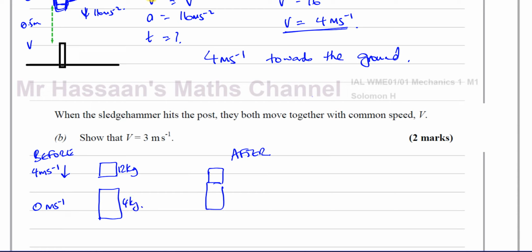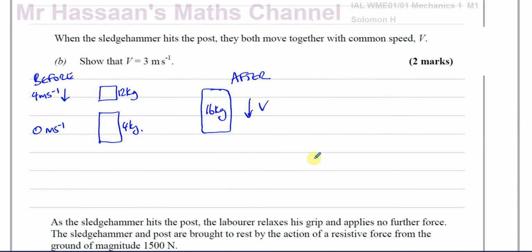So after, we can consider them as one combined particle, together 16 kilograms, going down with a common speed. So that's before, that's after. Let's use the conservation of linear momentum: the total momentum before the collision and after the collision must be the same.